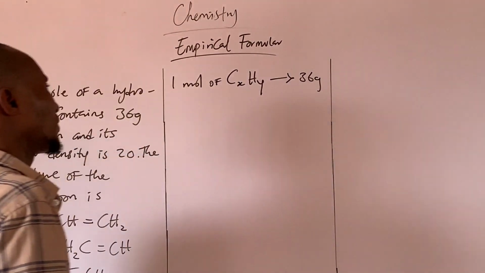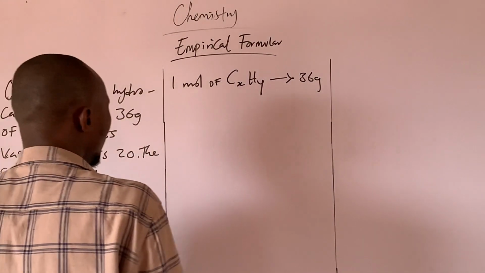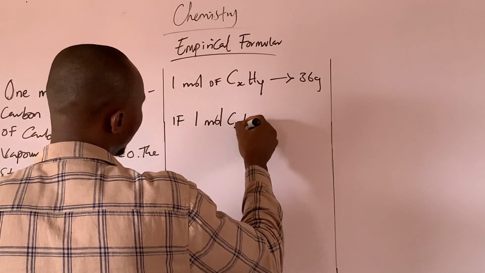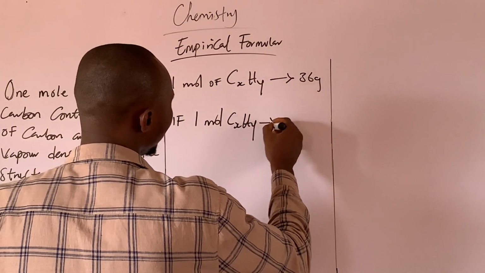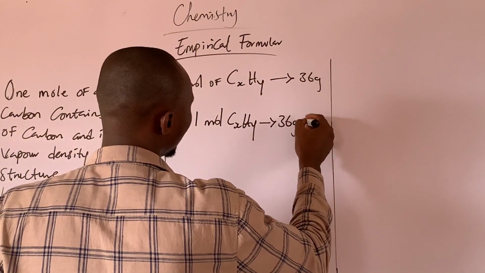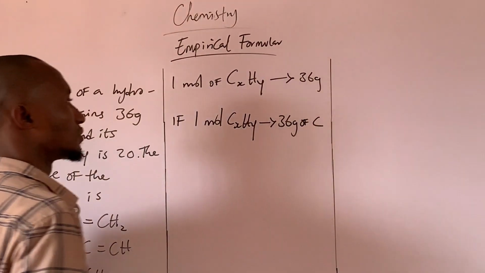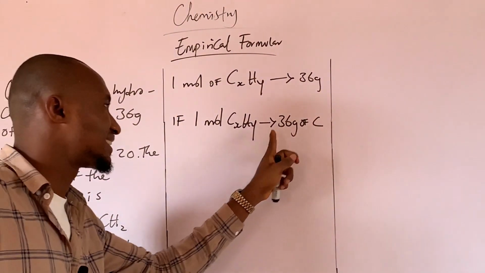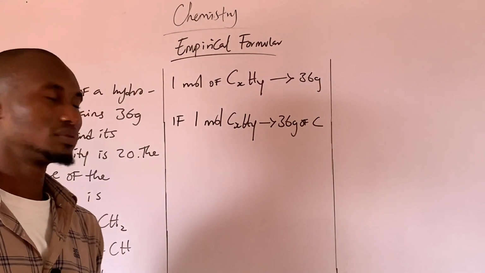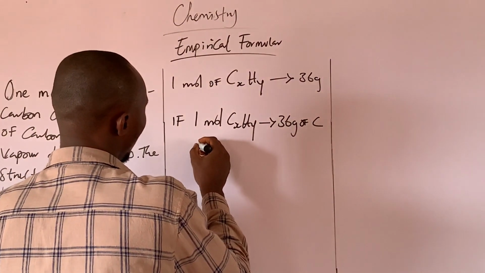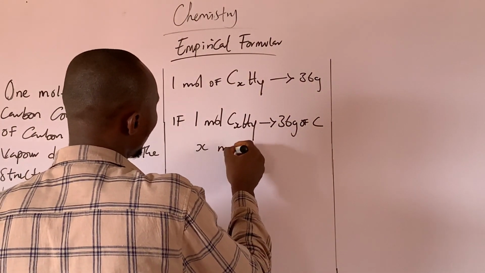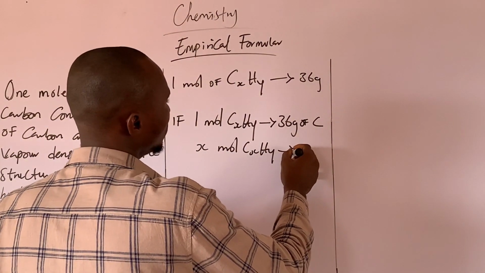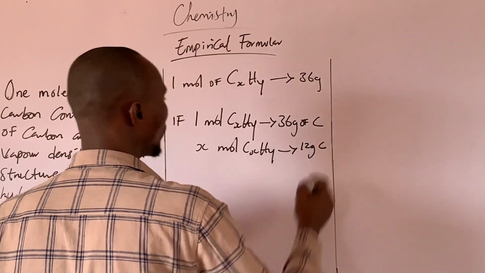Now, what do we do here? We say if 1 mole of hydrocarbon contains 36 grams of carbon, how many moles of hydrocarbon will contain 12 grams of carbon?